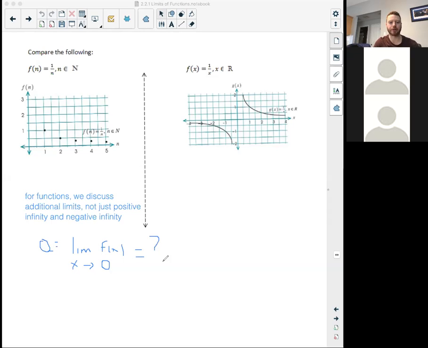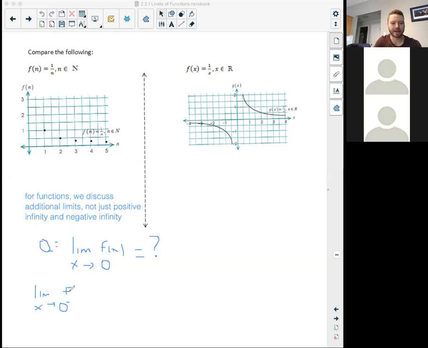So let's take a look at this. Okay, so we're looking at this graph here. As x approaches 0, we'll start from the left here. So we're going to say limit of x approaches 0, negative. Okay, so that is saying that we are approaching from the left when we have a 0, negative. That means we're coming from this way.